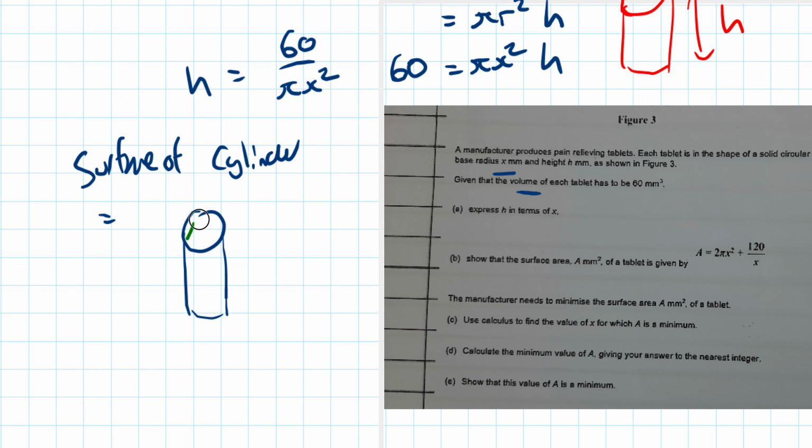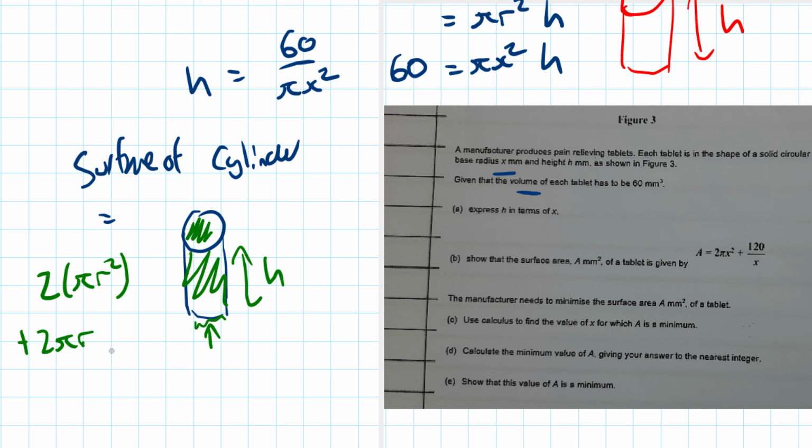Here you've got the circle, but remember on the other side you also have a circle. So it's 2 times pi r squared, because you have an area at both sides, and then you have this area here, which is 2 pi r times your height, so 2 pi r h. This is something that you'll have to remember.